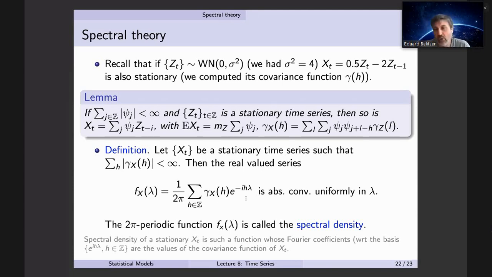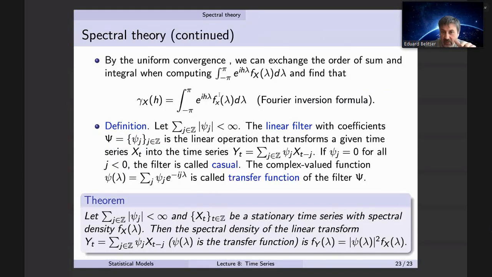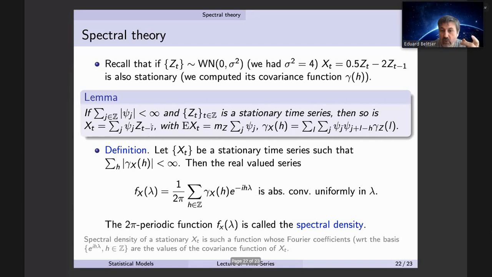You would say, so what? What do I have here? Well, wait, I will come to that. From the covariance function, we can go to the spectral density. But since these are Fourier coefficients, we can also go back. We take that function and compute its Fourier coefficients, and of course they have to be exactly the coefficients we started with.